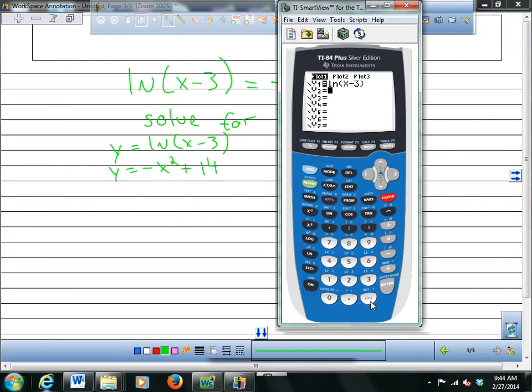Okay, negative x squared plus 14. And then make sure your window makes sense. I probably want to go up to 14 so I could see the top. I don't know if I need to see the top, but let's at least go up to like 15 or something like that. And I have this window set up.